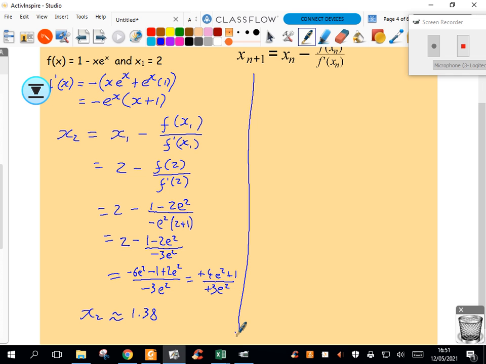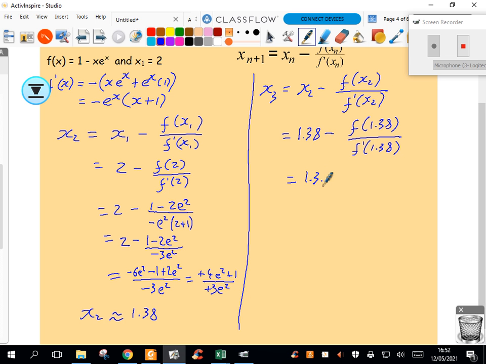Now I'm going to improve on that again by looking at my third approximation of the root. That's going to be x sub 2 minus f of x sub 2 divided by f prime at x sub 2. Again, we're going to use 1.38, a better approximation. Minus f of 1.38 all over f prime of 1.38.